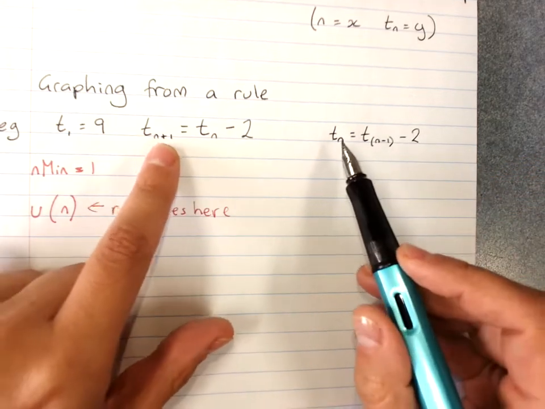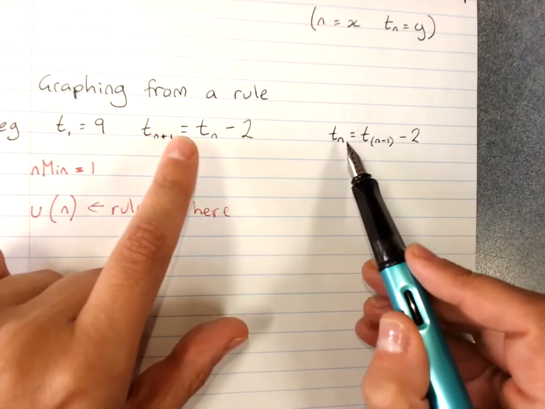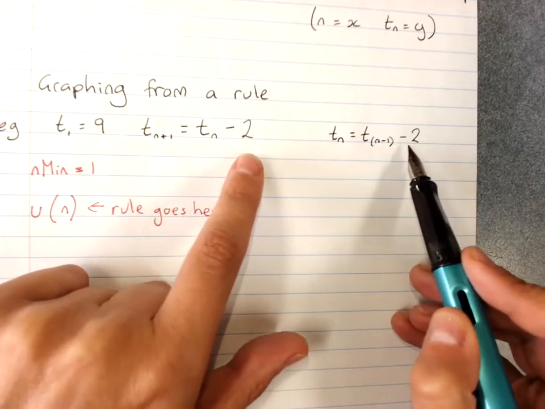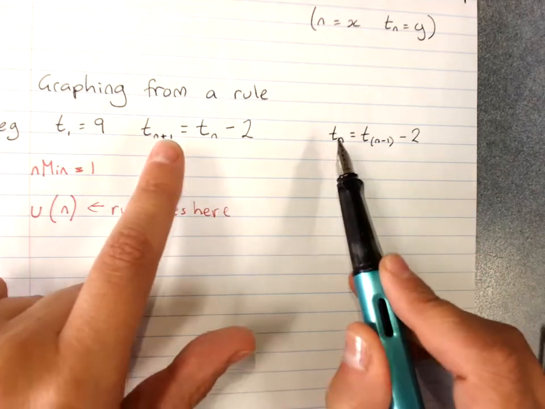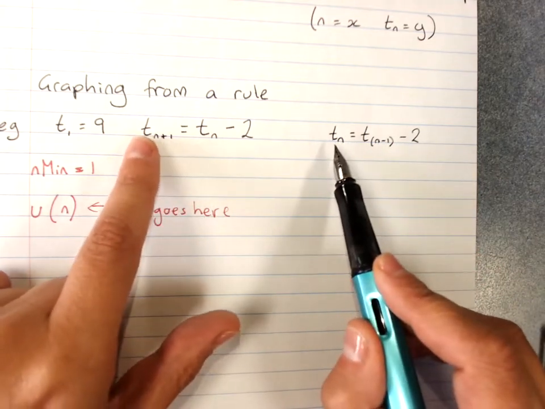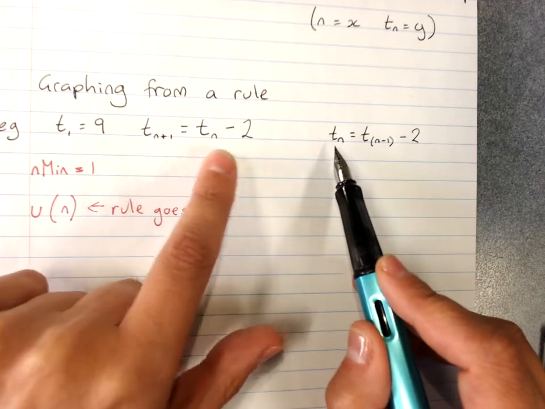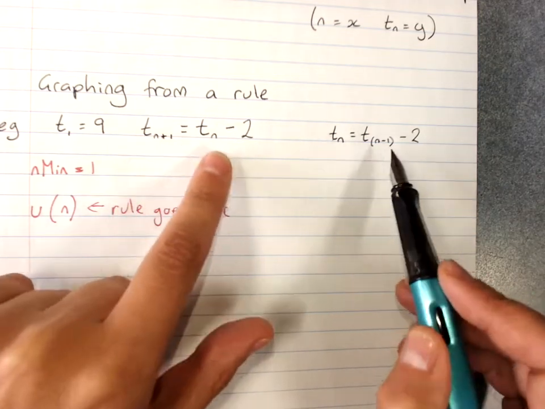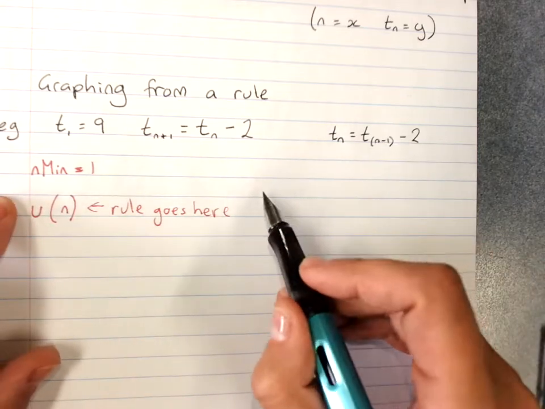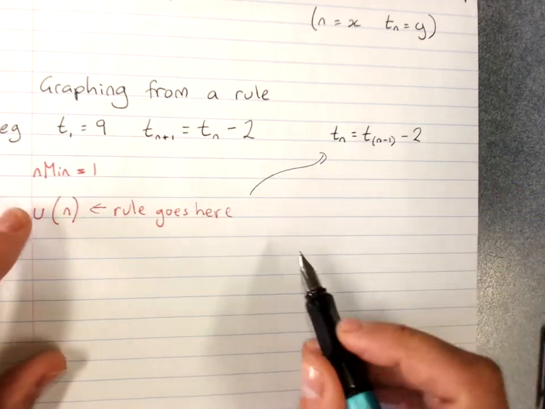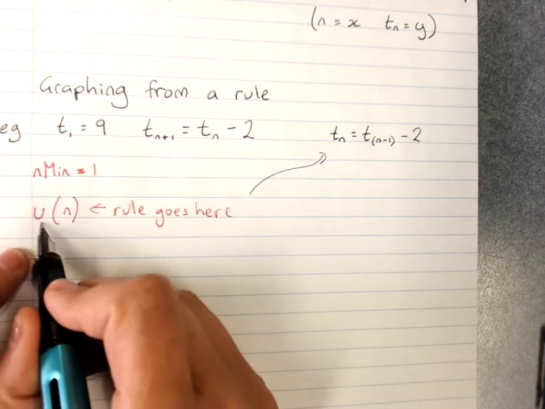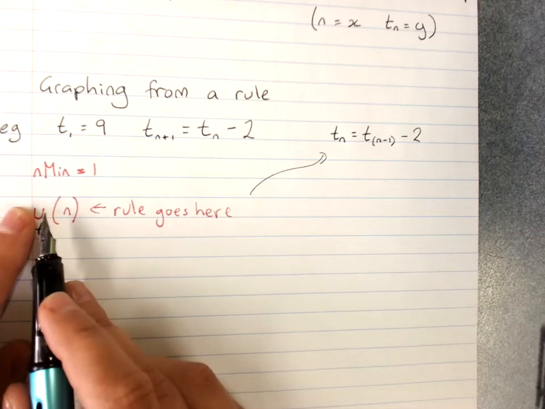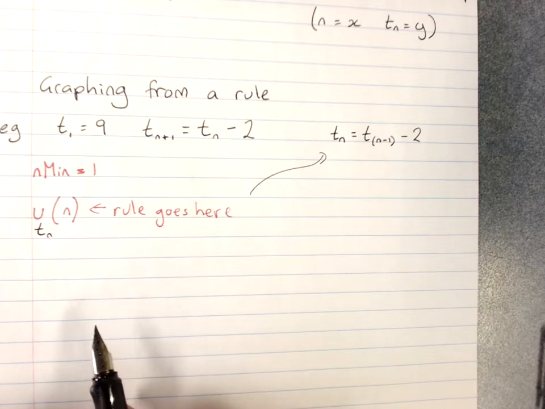Both of these just say to get the term, you want the term before it take away 2. But it's dependent on whether we did Tn plus 1 from Tn or Tn from Tn minus 1, but they're both saying the same thing. This one is using this, so un is basically Tn, except u is t now. It's annoying, I know.